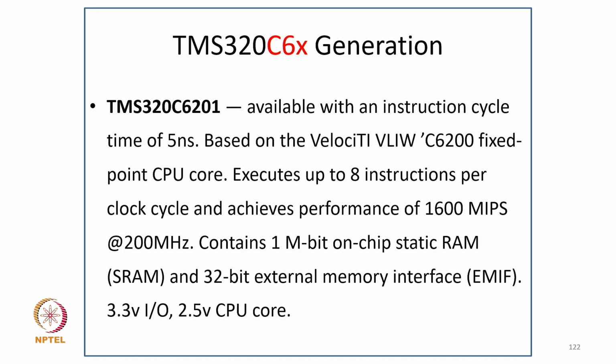Now coming to the TMS320C6x, 6th generation, TMS320C6201, available with an instruction cycle time of 5 nanosecond, based on the VelociTI C6200 fixed point CPU, executing up to 8 instructions per clock cycle and achieving performance of 1600 million instructions per second at the rate of 200 megahertz.